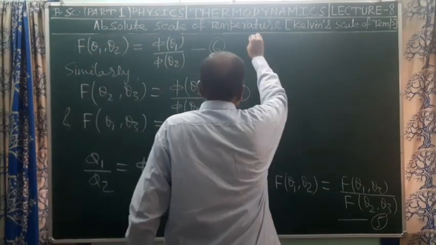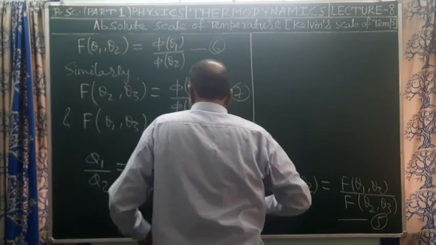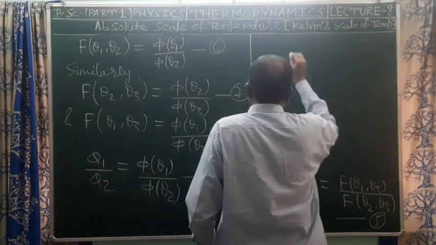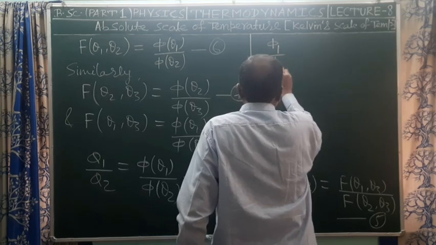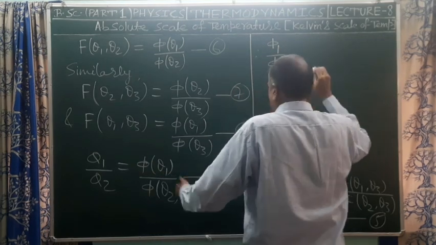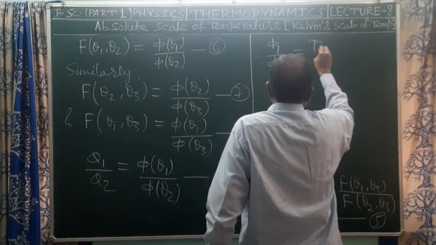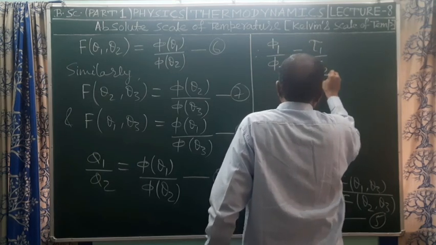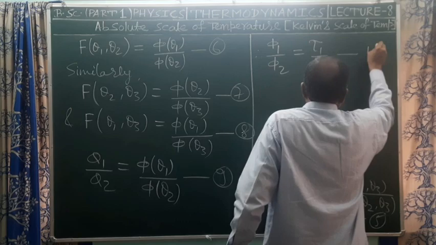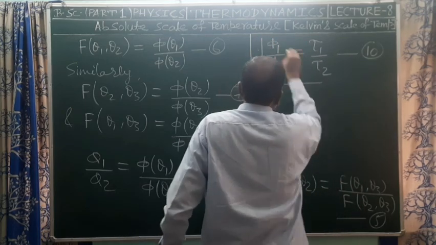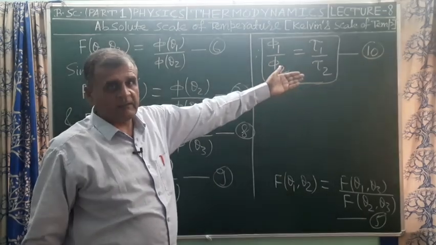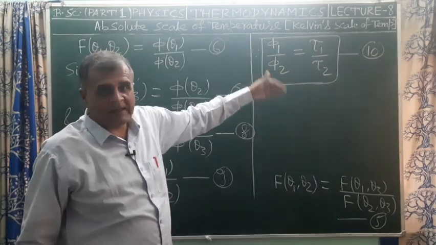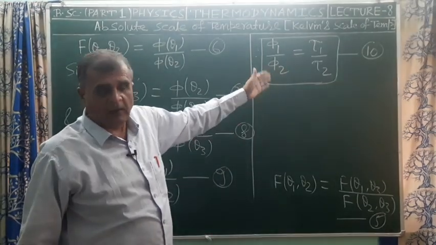So RHS of equation 9 can be written as tau 1 upon tau 2. Therefore, Q1 upon Q2 equals tau 1 upon tau 2, and this relation, equation 10, defines the absolute scale of temperature.